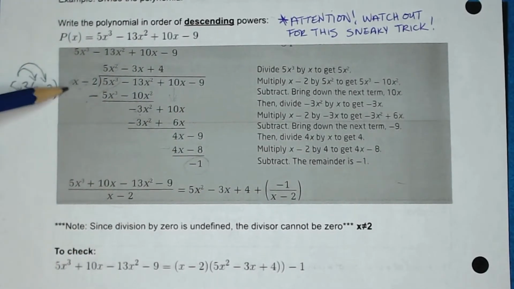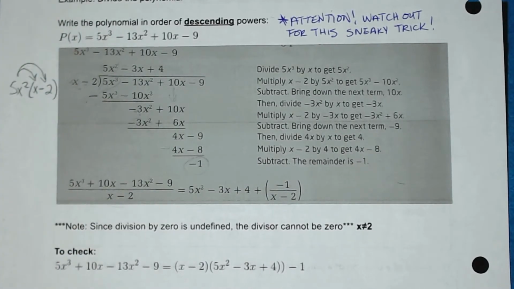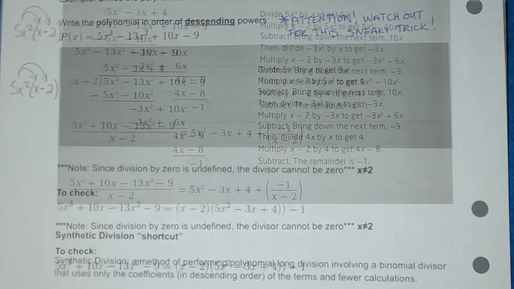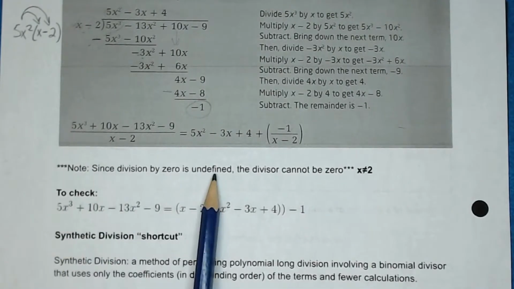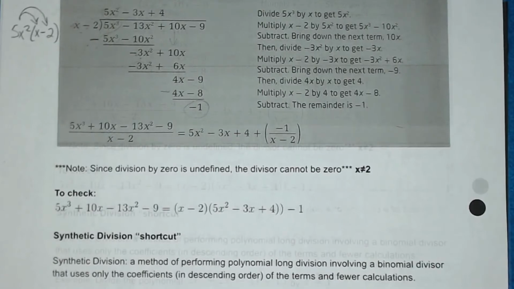Because of course that won't give us a perfect result, we want to reflect that in our answer. Now keep in mind we cannot divide by 0, so x cannot equal 2 in this circumstance.